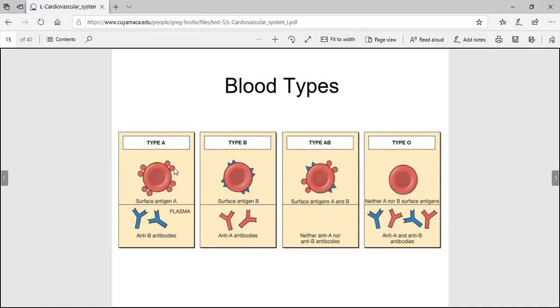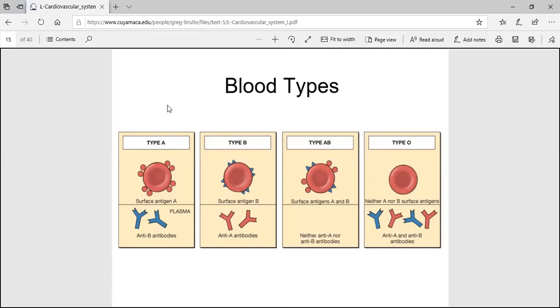AB. Now, sometimes I ask a little thought question. Somebody comes into your emergency room and you have no idea what blood type they are. They were in a car wreck, they're knocked out, and you need to give them a transfusion. They need some blood. So you can take a drop of their blood and put it in a little well, and then say you drop some A antibodies onto the blood that's in that well.